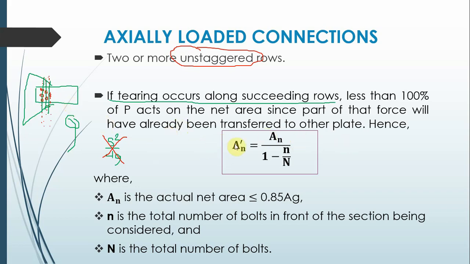Hence, A sub n prime is equal to A sub n over 1 minus n over N capital, wherein A sub n is the actual net area, which must be less than or equal to 0.85 of your gross sectional area. Next, small n is the total number of bolts in front of the section being considered.